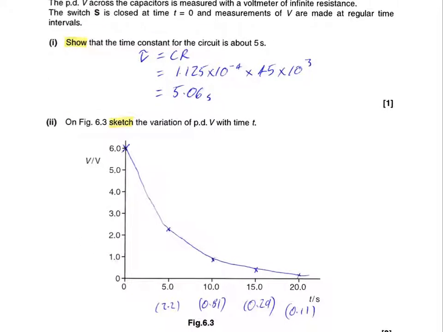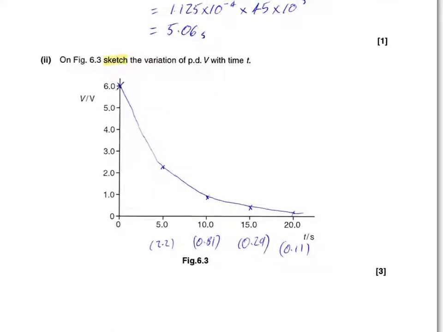And then we're asked to sketch the variation of the PD with time. Now, we know we start at 6 volts, so that's no problem. The point is, over each time constant, over each 5.06 seconds, we drop to 1/e of the previous value.